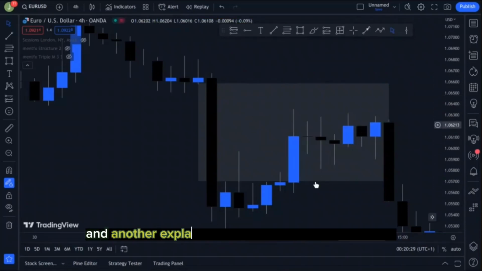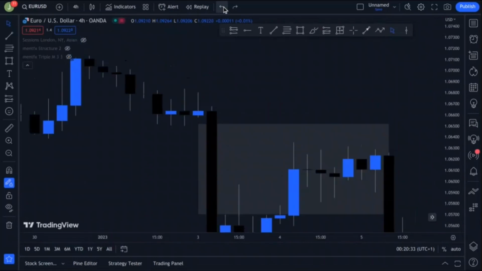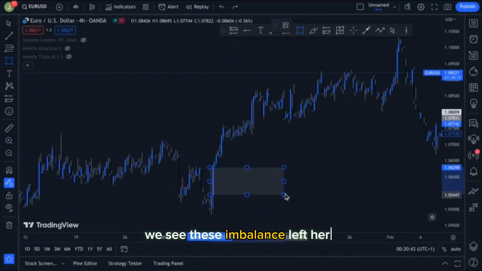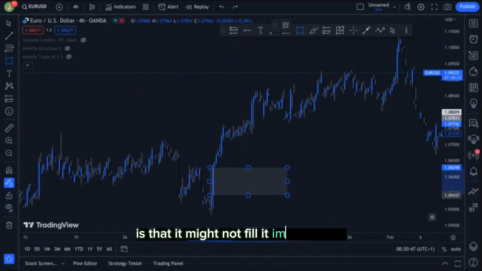And another example rather is, okay. We see this imbalance left here, and one thing to note about imbalances is that you might not fill it immediately.